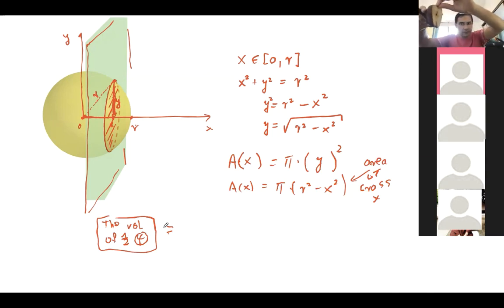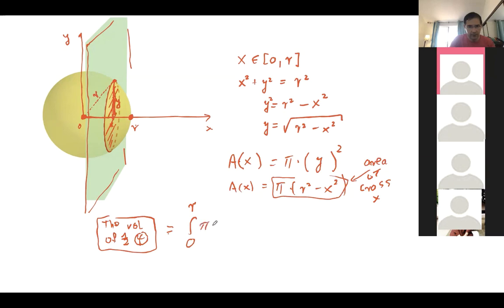The volume of this half of this sphere is very simple, because it's the integral from 0 all the way up to this number radius, of what function? Of A of x dx, which is this function. A of x dx is pi times r squared minus x squared dx.